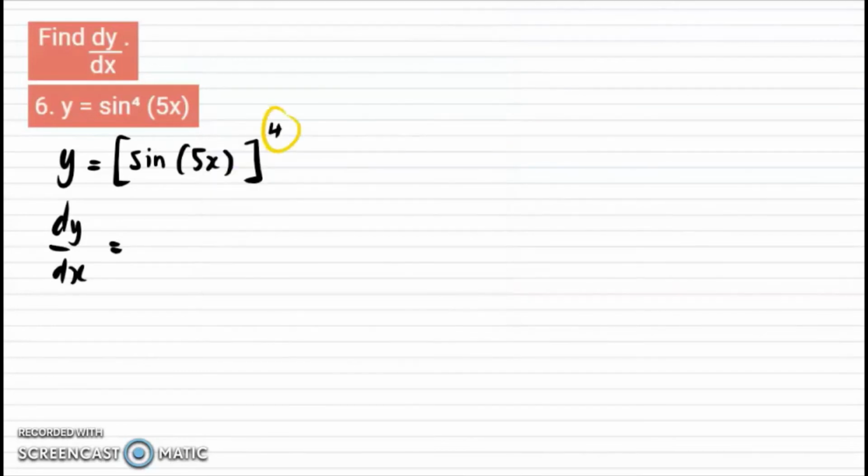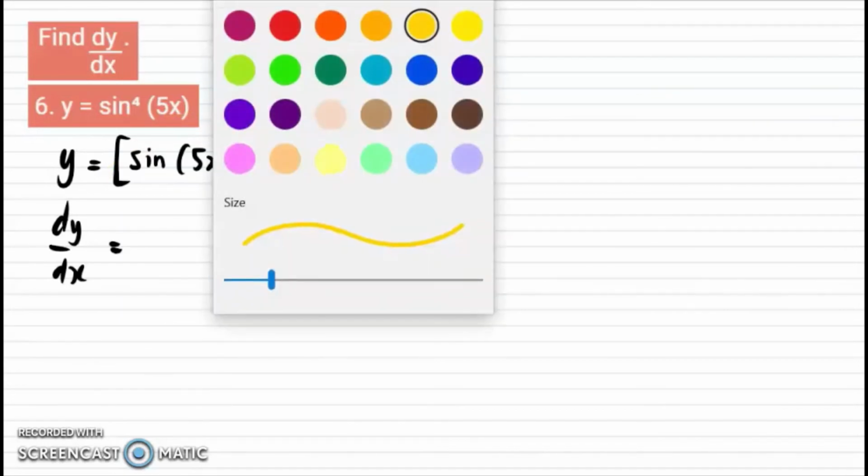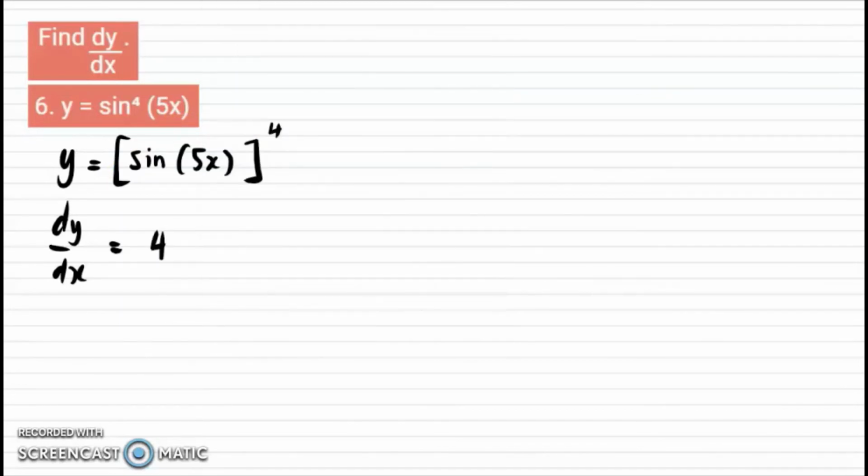So, if you recall that, put this in front as multiplier and then less 1. So, power of a function rule, that's what we will apply first. So, we have 4 multiplied by sine 5x now raised to 4 minus 1. And then multiply by the derivative of this.